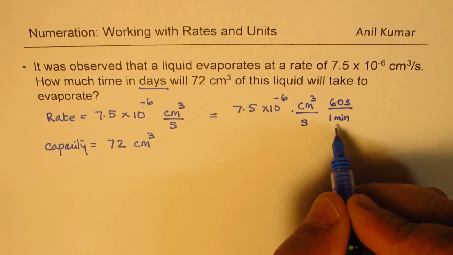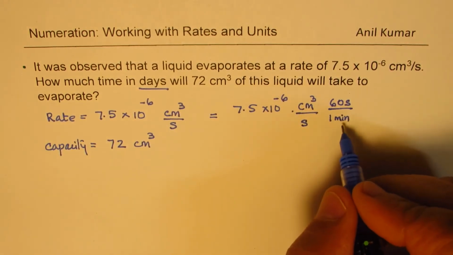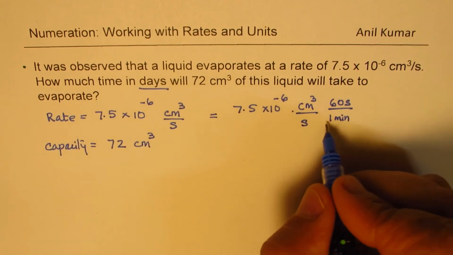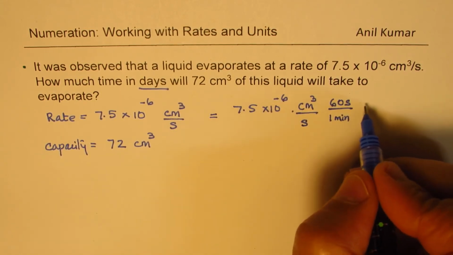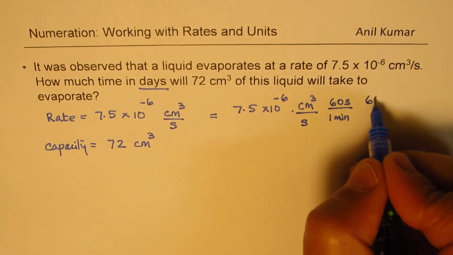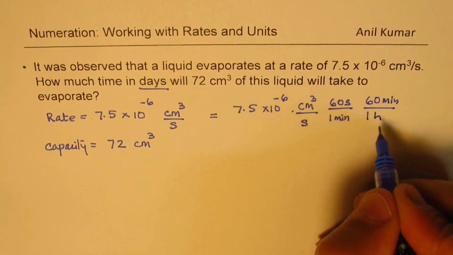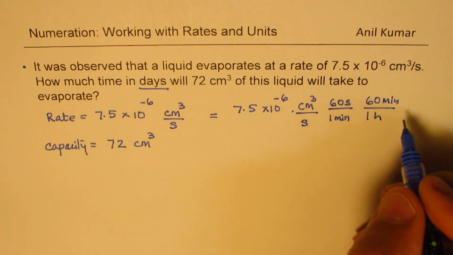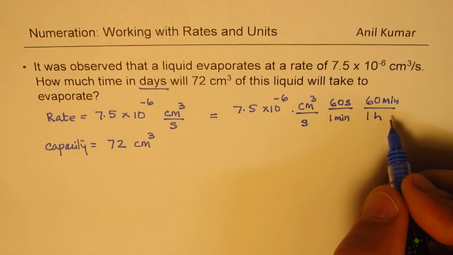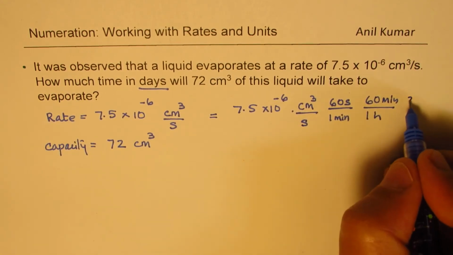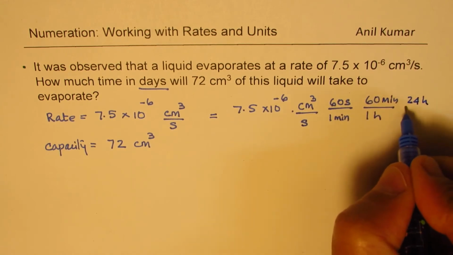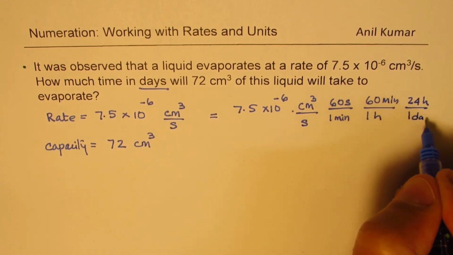We don't want minutes, we want days. Well, let's first convert to hours. We have 60 minutes in 1 hour, correct? And as far as the days are concerned, there are 24 hours in a day. So we'll write 24 hours in 1 day. Do you see that part?